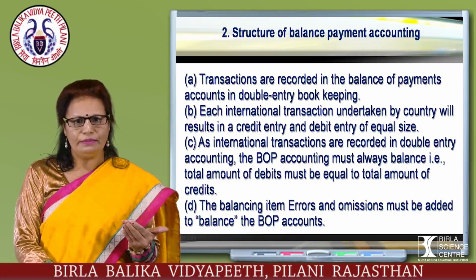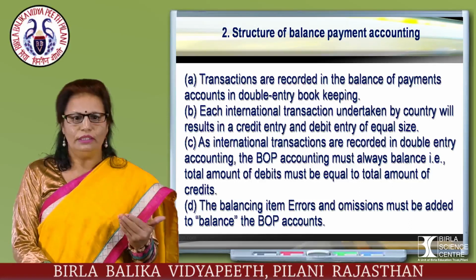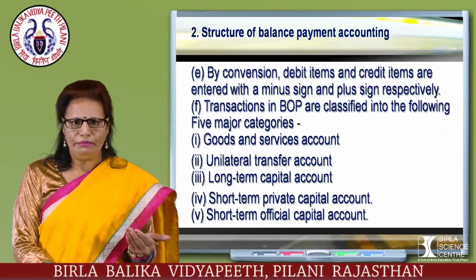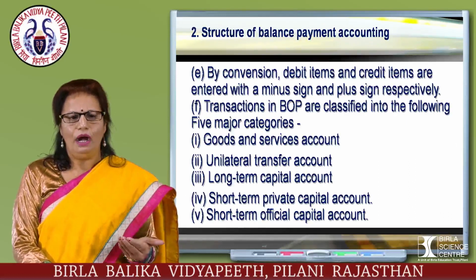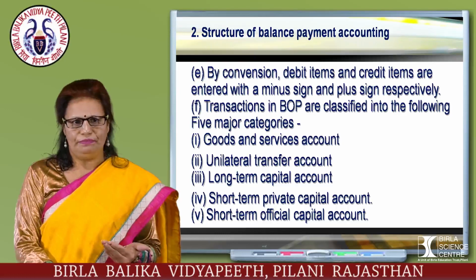The balancing items, errors and omissions, must be added to balance the BOP accounts. By convention, debit items and credit items are entered with a minus sign and plus sign respectively.